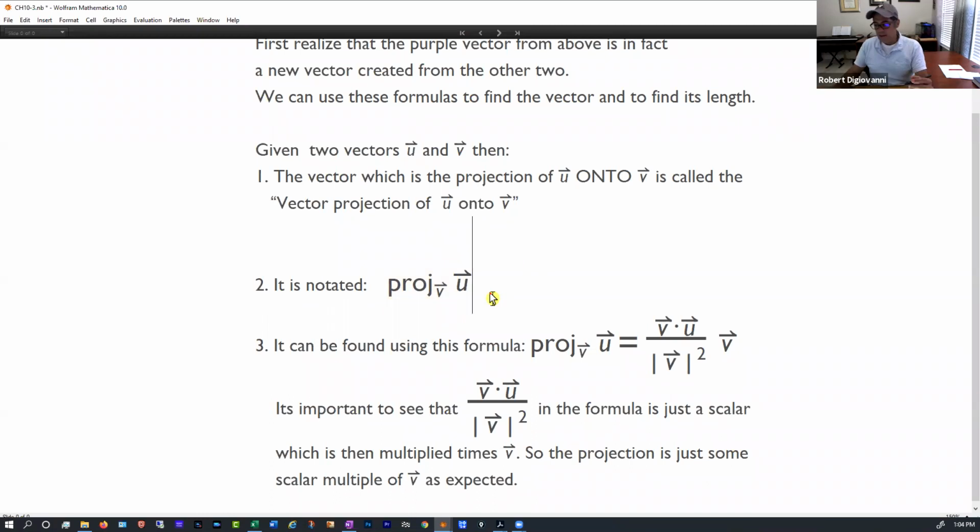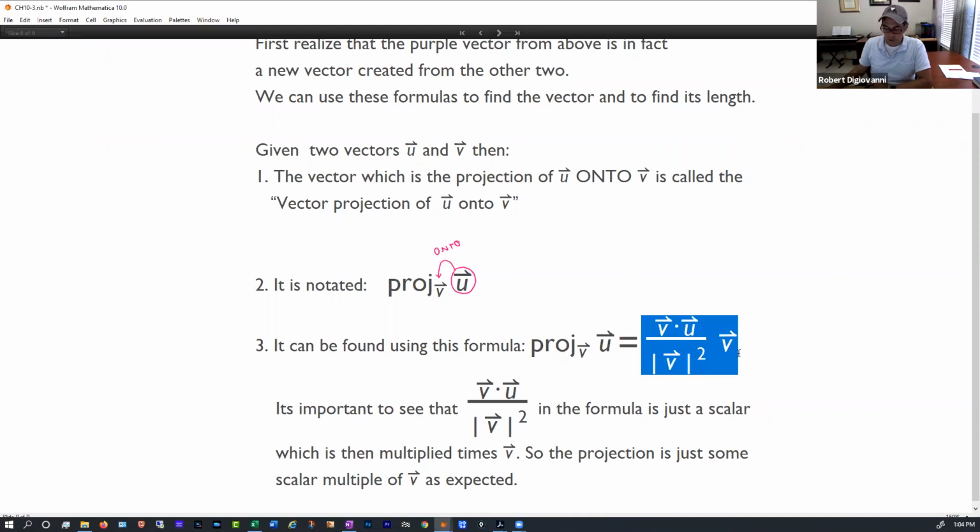Since the V is on the bottom here, I always think of it as we are projecting this one onto that one. So U is going onto the one on the bottom. The vector projection of U onto V is equal to this: you take the dot product of the two vectors, and then you divide it by the length of V squared.